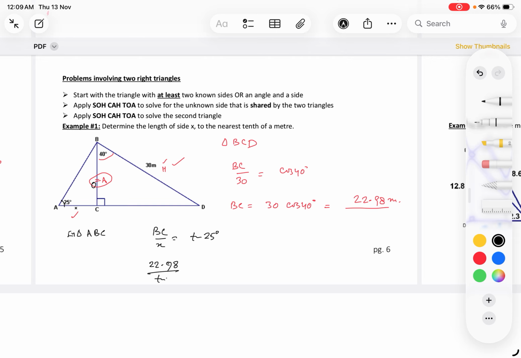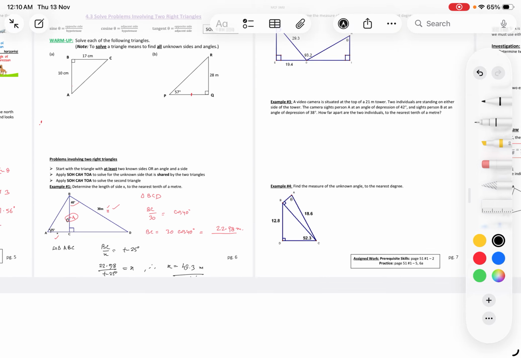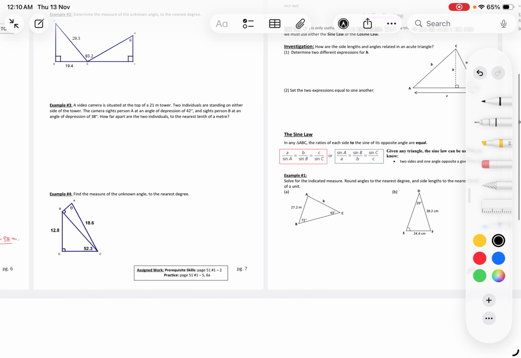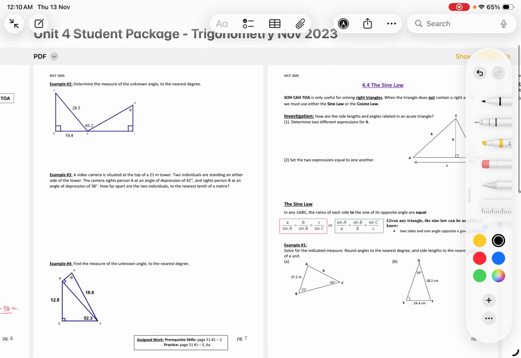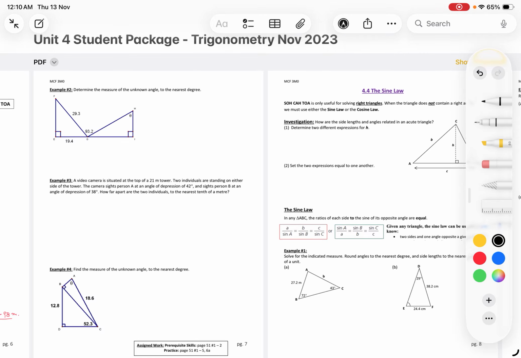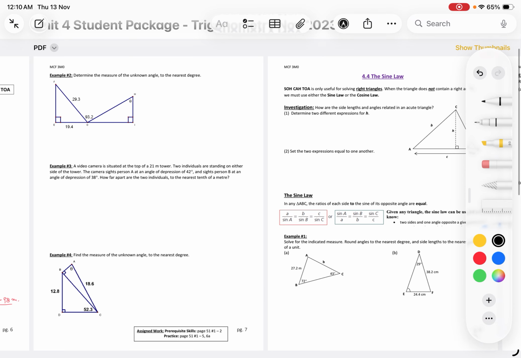Therefore, x will be equal to 22.98 divided by tan 25 degrees. So that gives you 49.3 meters. You can use the same technique to do questions number 2 and 3. Let us do question number 4.